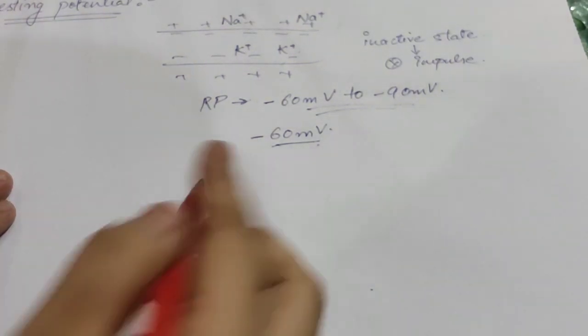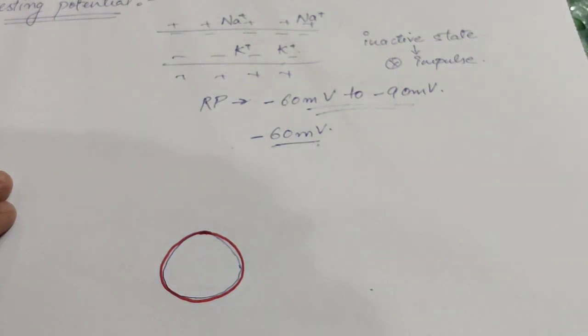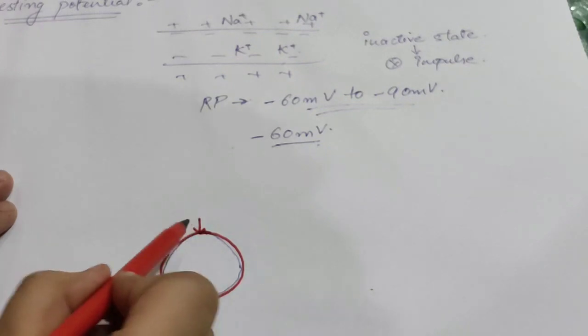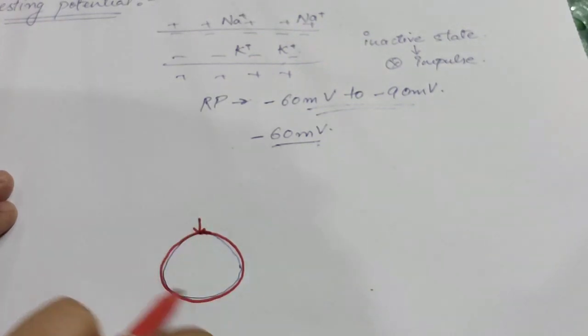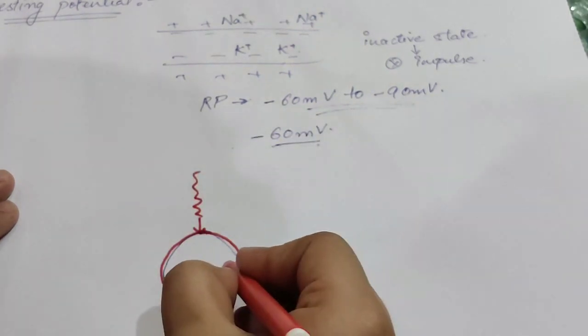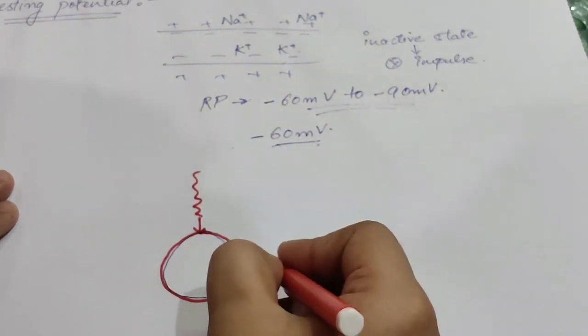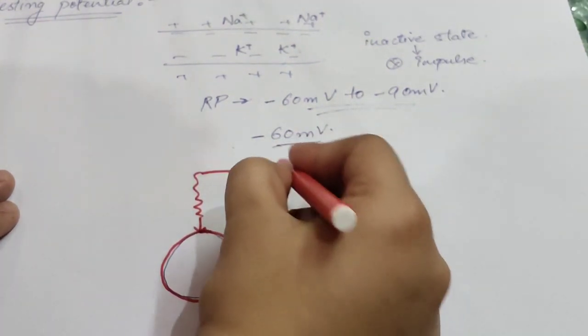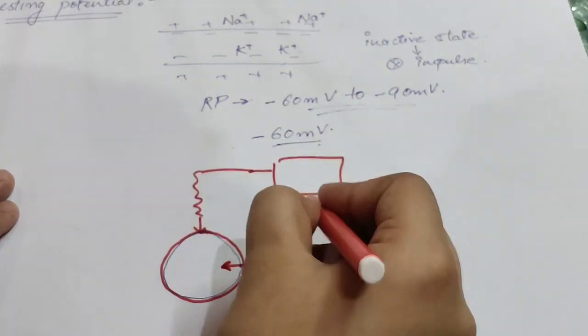It is measured with the help of two microelectrodes. The first microelectrode is attached to the external surface of the nerve fiber, and the second to the inside of the nerve fiber, and both microelectrodes are connected with the galvanometer.